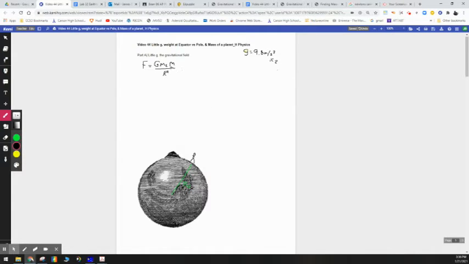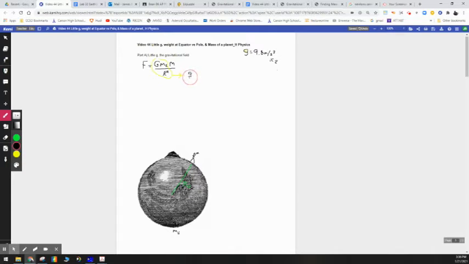Here this is the mass of the person, and of course, this is the mass of the Earth. So what is this little g here? If I draw an arrow here, this is called little g, or the gravitational field strength.